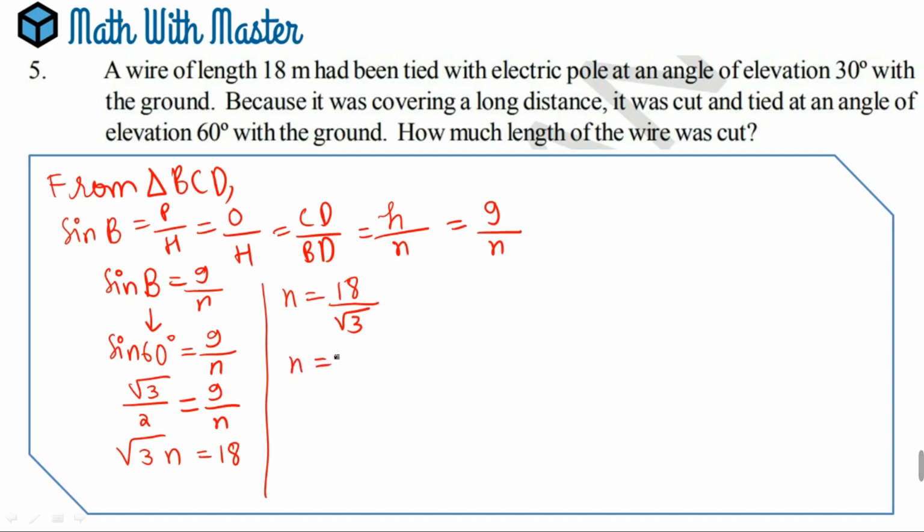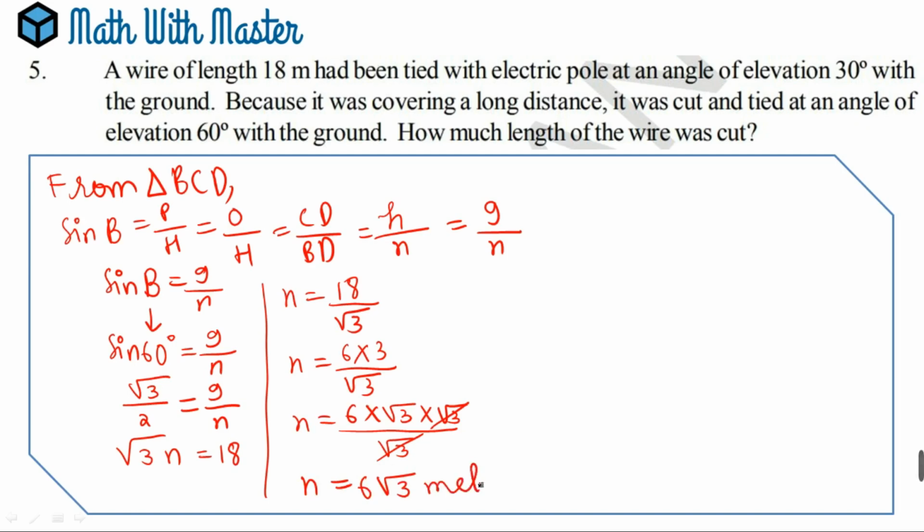We can write 18 as 6 into 3 upon root 3. So n is equals to 6 into, what can we write 3 as? We can write it as root 3 square. So what is root 3 square? Root 3 into root 3. So 3 is equals to root 3 into root 3 upon root 3. So root 3 and root 3 will get cancelled and the answer will come, N is equals to 6 into root 3 meters.